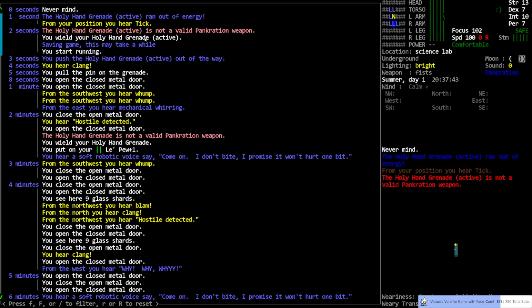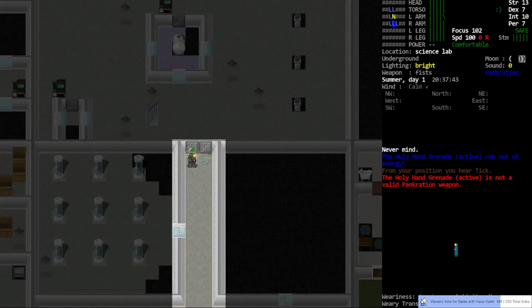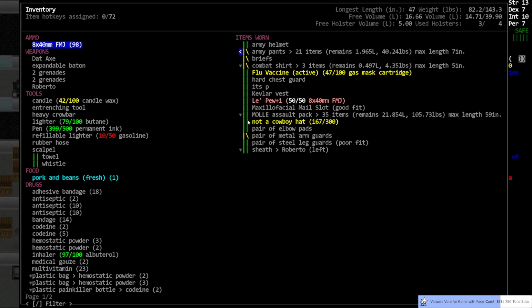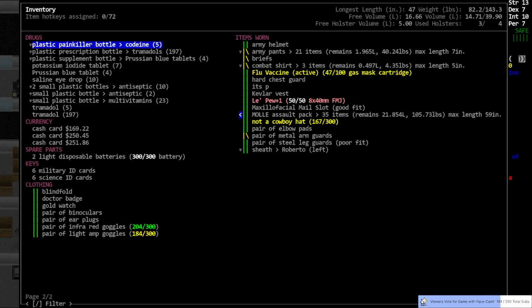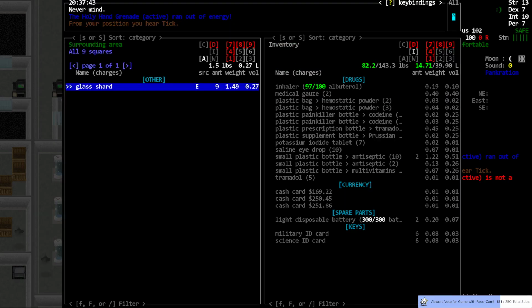So you wield the hand grenade. It's not a valid pancration weapon. From your position, you hear tick. It ran out of energy. I don't know what's going on. It's not in my inventory anymore. I'm not wielding anything right now. It's not in my weapons list. It's not on the ground.